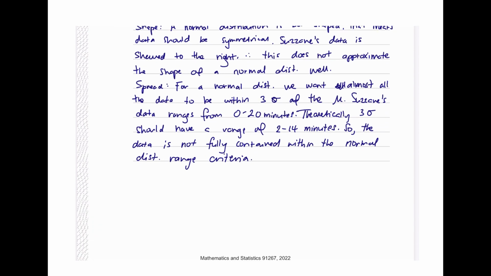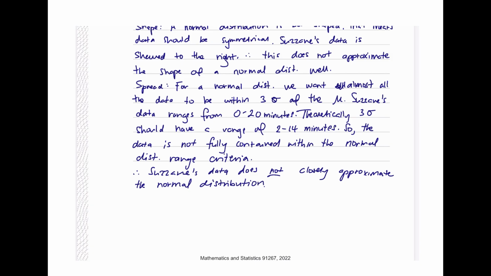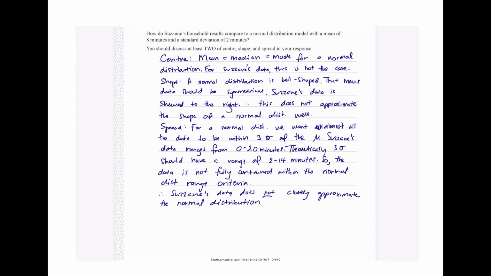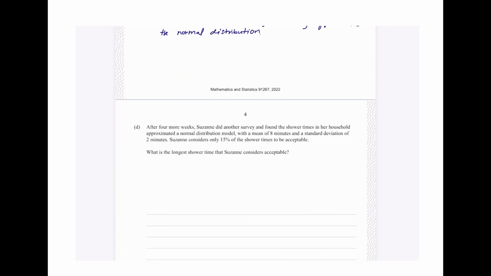We'll say, therefore, Suzanne's data does not closely approximate the normal distribution, because it doesn't really tick all these boxes. Okay, I apologize for the handwriting. It's not very neat, but that's all right.